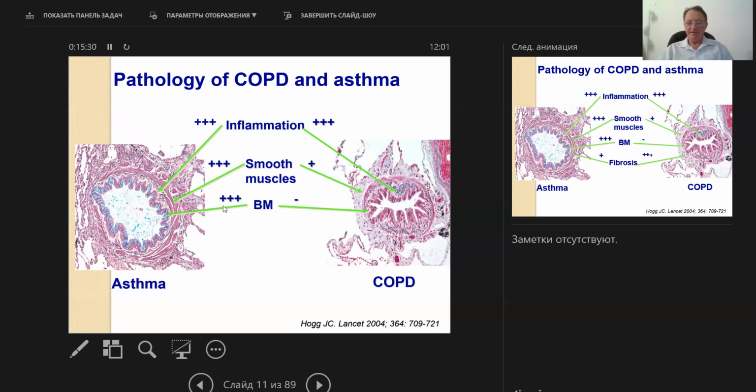We explain these changes by pulmonary edema, but pathomorphologists can't explain why, in case of COPD, there is an increase of the basal membrane. It's not typical. That's why we won the discussion with the pathomorphologists at the clinical conference.